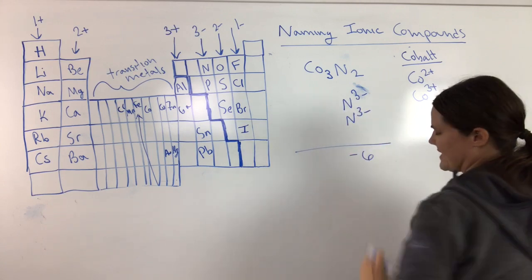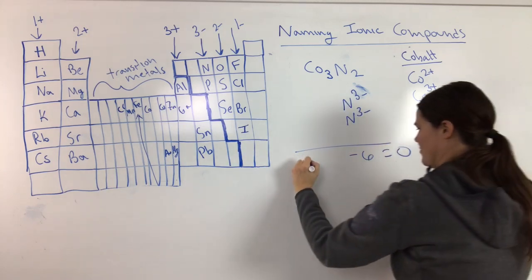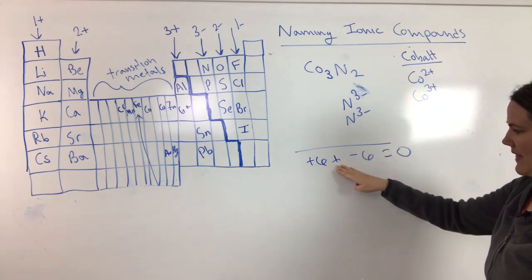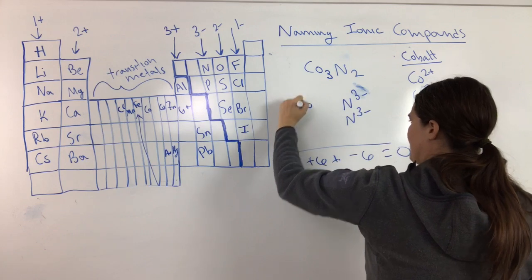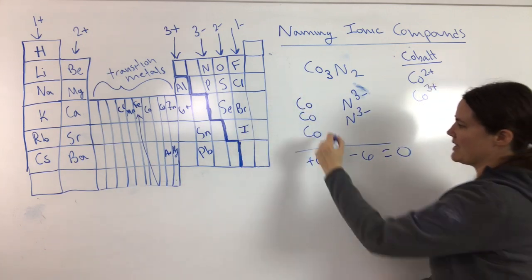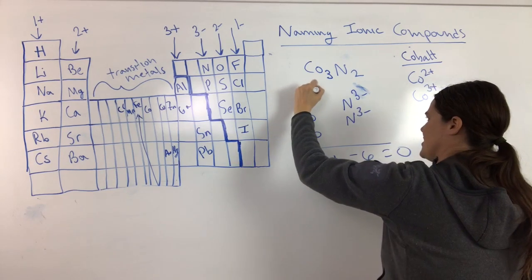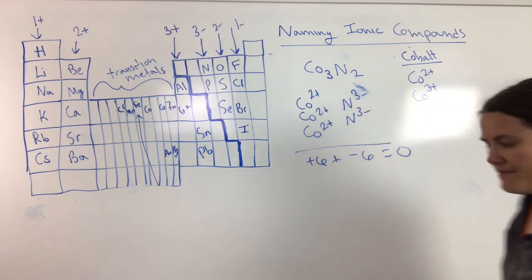We need to balance out this charge so that we have a 0 net charge, which means that we need to add 6 to it, because +6 plus a -6 is equal to 0. We know that we have 3 cobalts, and we need the charge on these to equal +6. So that means that each of these has to have a 2+ charge.